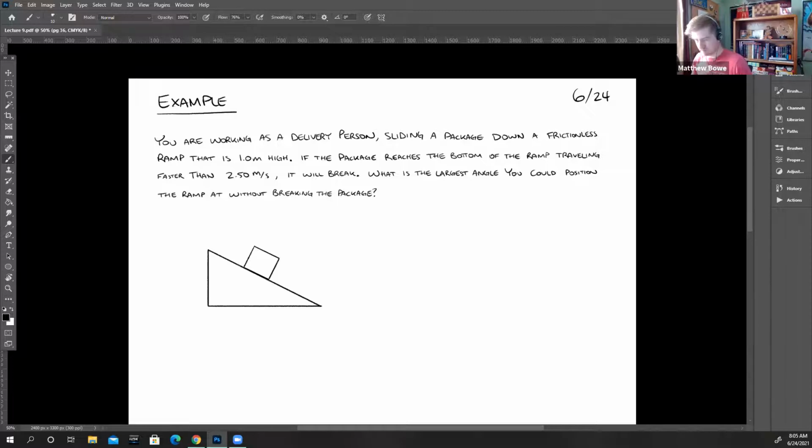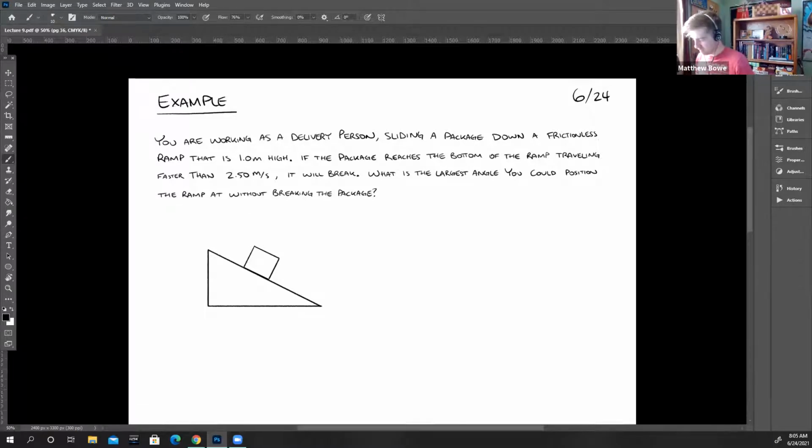So let's put the picture in also. This ramp is 1 meter high, and the package that reaches the bottom cannot be traveling faster than 2.50 meters per second. So otherwise it will break.